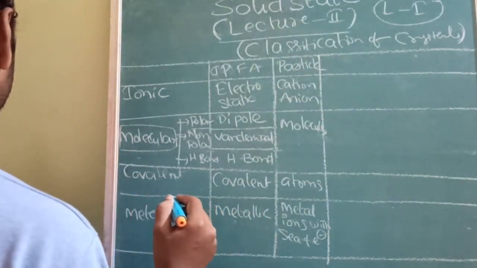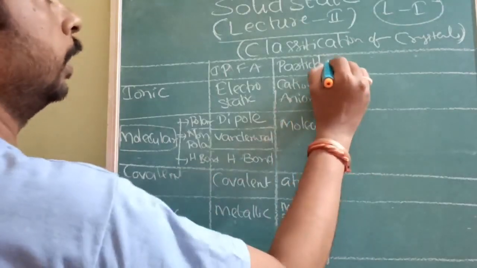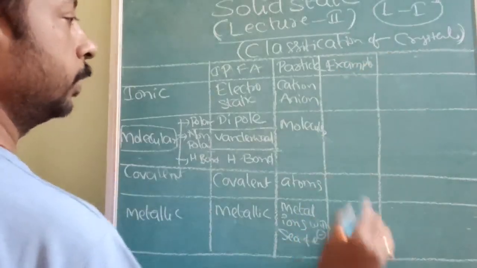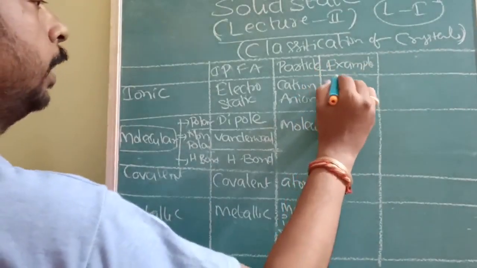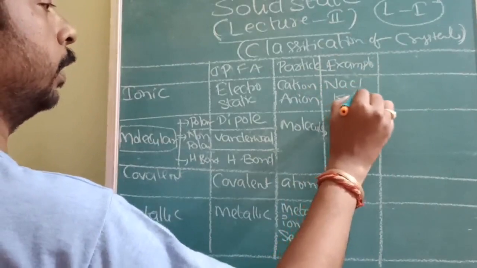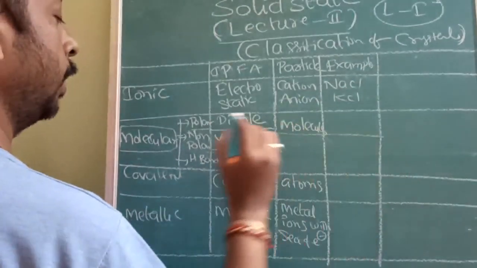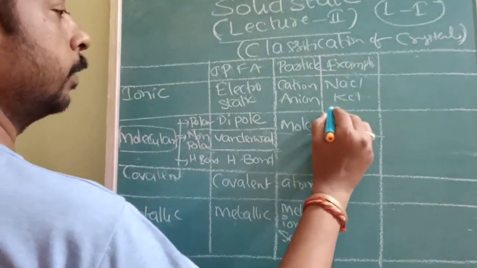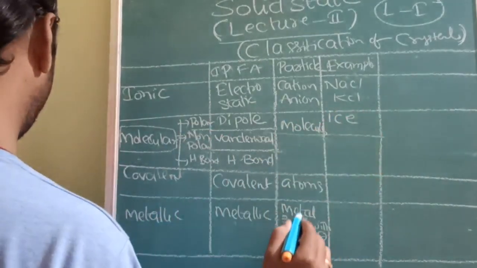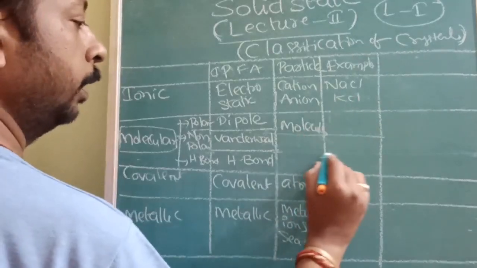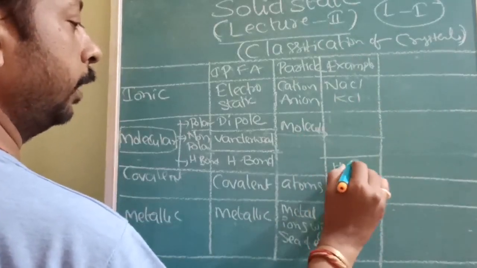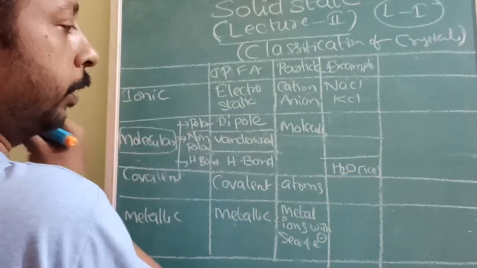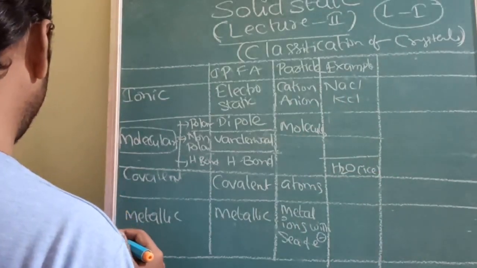So these are the types of constituent particles in all 4 types of solids. Now let's study some examples. These are well-known examples: NaCl, KCl. Here dipole, and it should be molecules. The better example here will be ice, H2O, as we are studying solids, we should write H2O as ice.